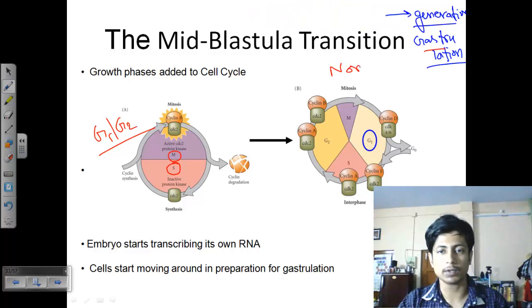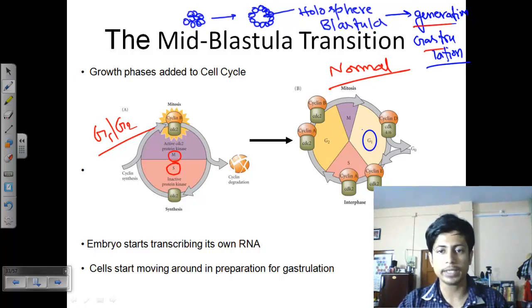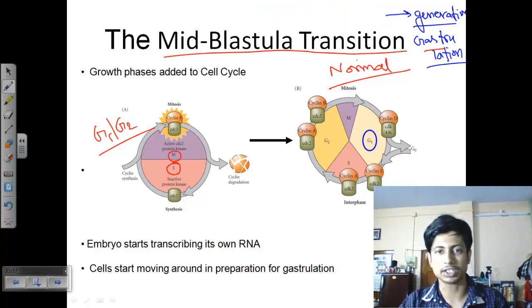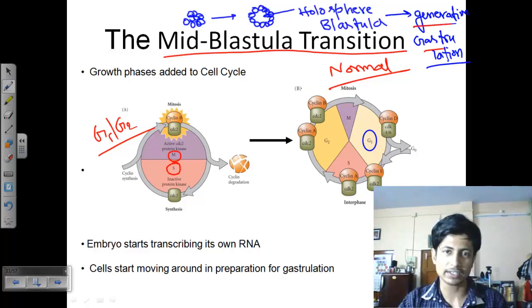So this is the mode of normal cell division where we have a G1 phase, larger, an S phase of synthesis, a growth 2 or G2 phase, larger, and then the mitotic phase. So they should shift back to the normal, and this shifting is called the mid-blastula transition, while the embryo's cell division goes from blastula to gastrulation.